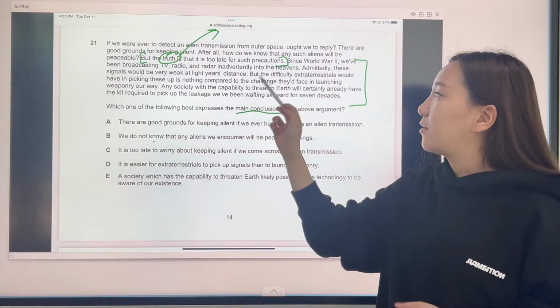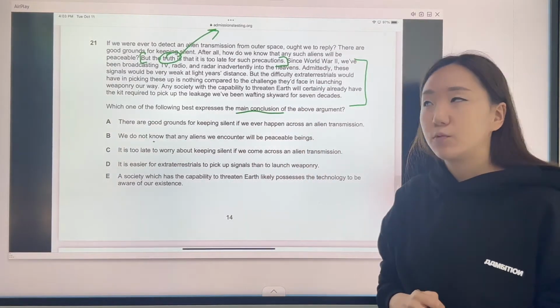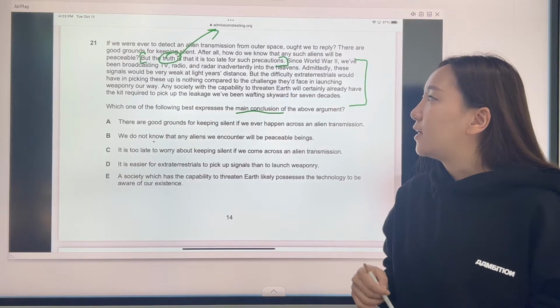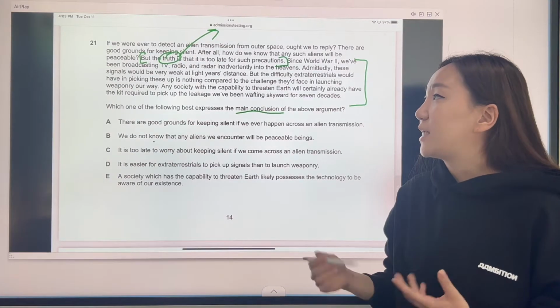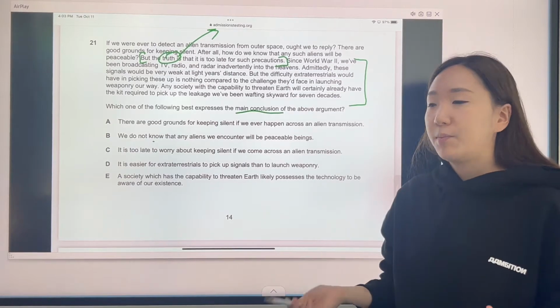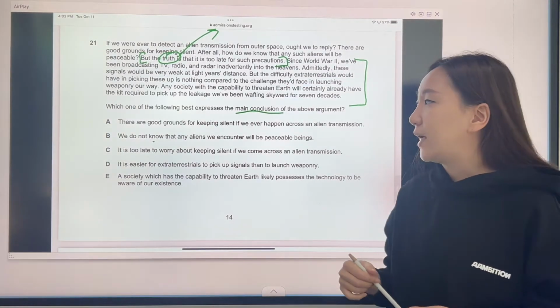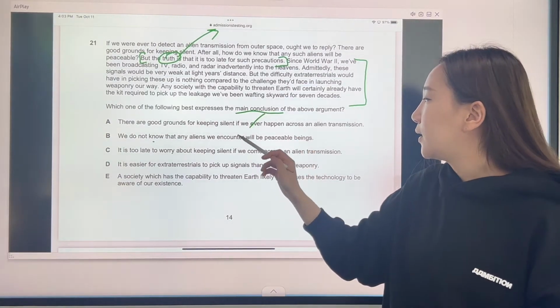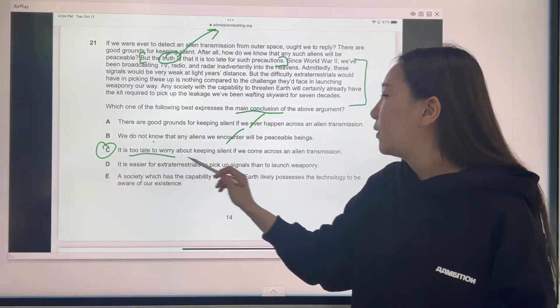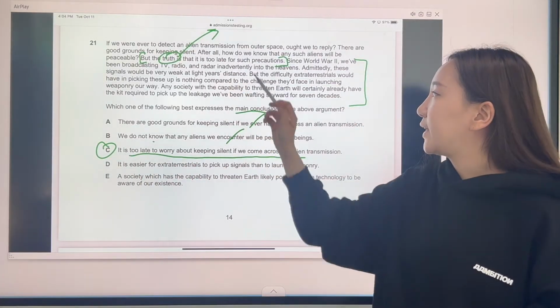So they're basically saying there's no point caring about whether any aliens have detected us and whether we should reply or not, because if they had seen it, it would be too late anyway. So this would be the one. You want to try and match it as much as possible.